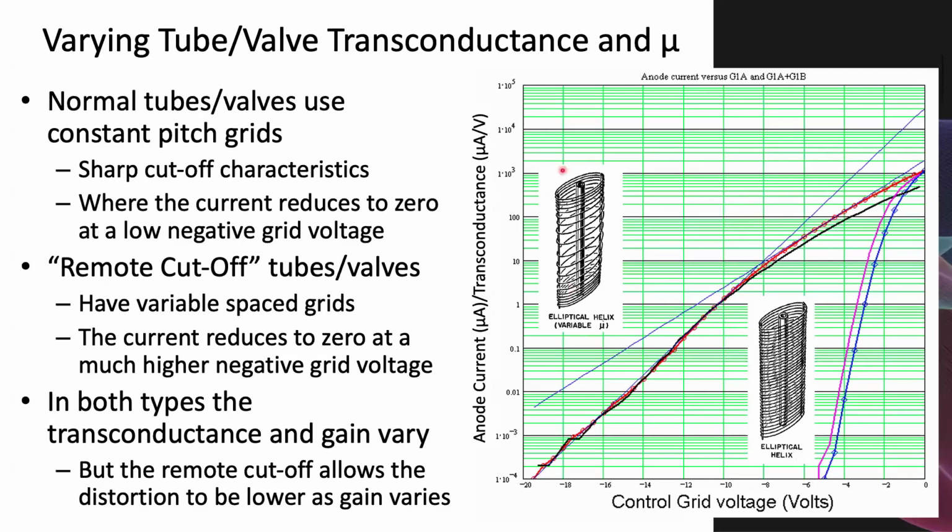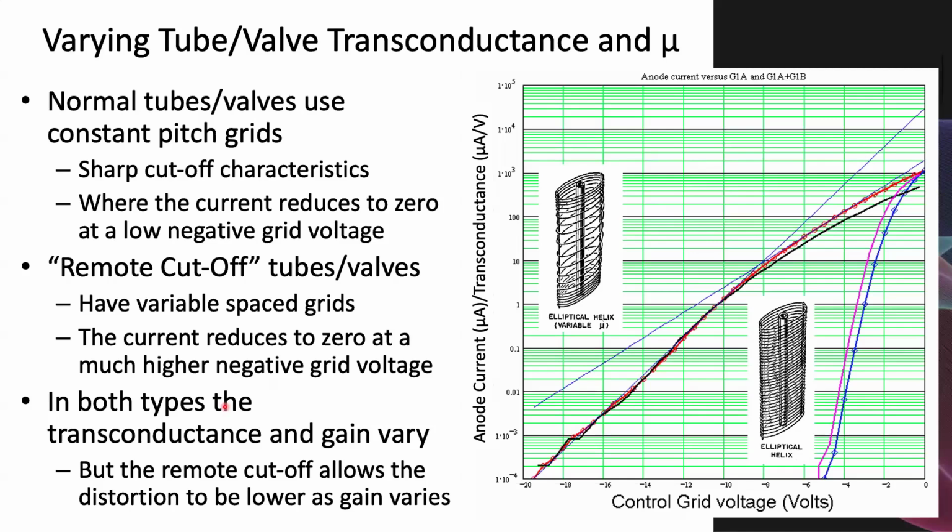If you use an elliptical helix where you've got narrow spacing and wide spacing, it takes much greater negative voltages to turn the valve or tube off. That's called a remote cutoff device. Again, you can see the relationship between the transconductance and the control voltage can still go over quite a wide range.